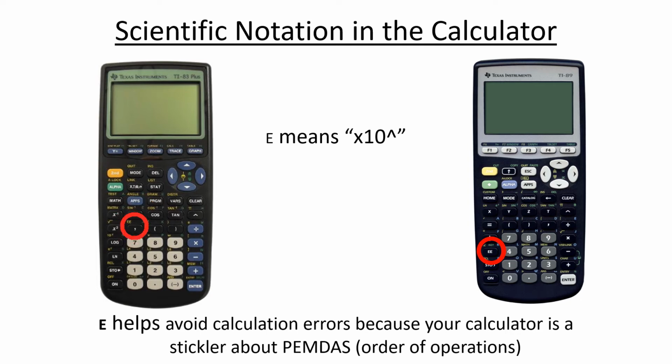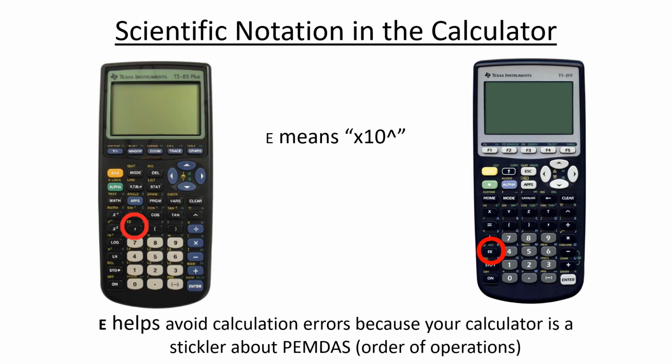You only need to do it once, but that differentiates it from the letters on some of these calculators too. So it's not this E, and it's not the lowercase e. We're looking for this one with the two capital E's. If you use that, it helps avoid errors in your calculator.